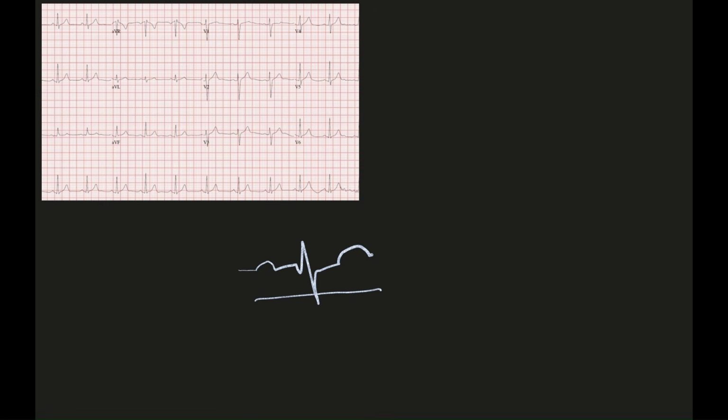First, check in the lower corner or the upper right or left corner for the speed of the ECG, the basic on which the ECG is being done. It should be 25 by 10. Always look for these markings in the upper left corner or lower right corner. This is basically the recording speed of an ECG.